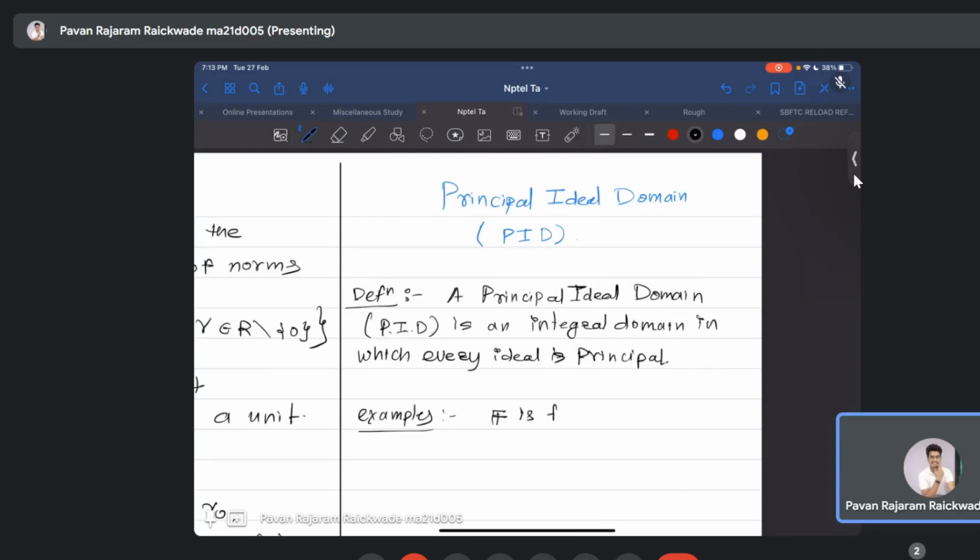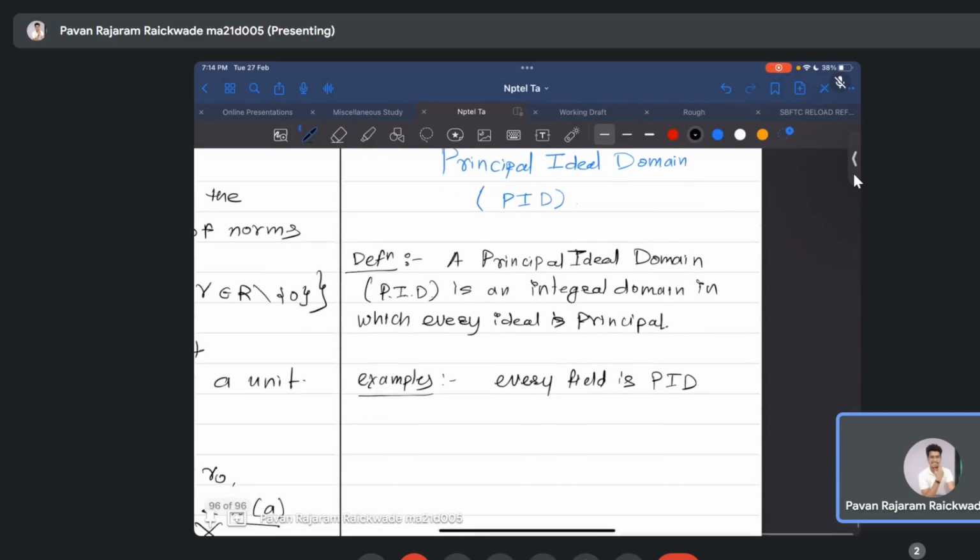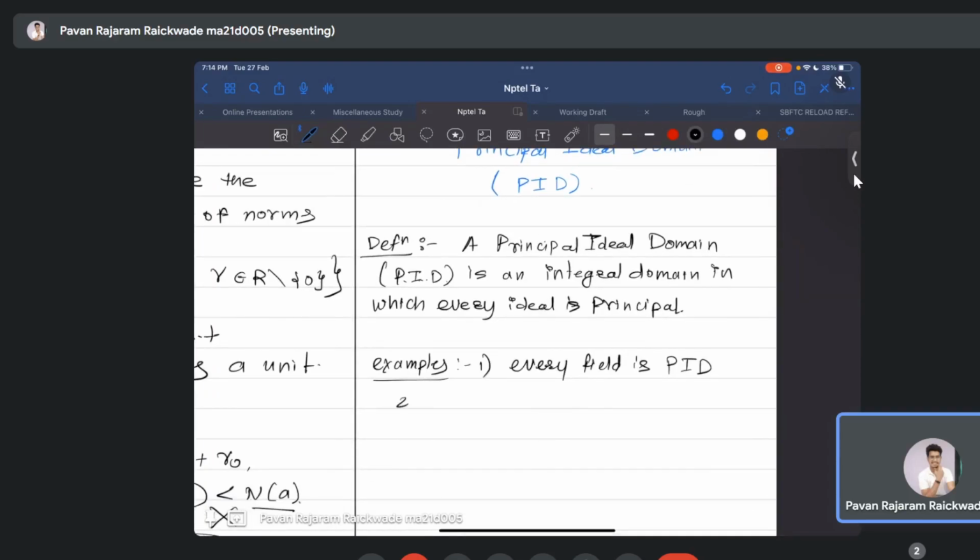Example: first, a field. Basically every field is a principal ideal domain. As you know, in a field you have only two ideals, the singleton 0 or the whole field, and both are principal. The singleton 0 is generated by 0 and the whole field F is generated by 1. Second, Z. Third, F[x] for a field F, because we have already observed that F[x] is a Euclidean domain, and every Euclidean domain is a PID.